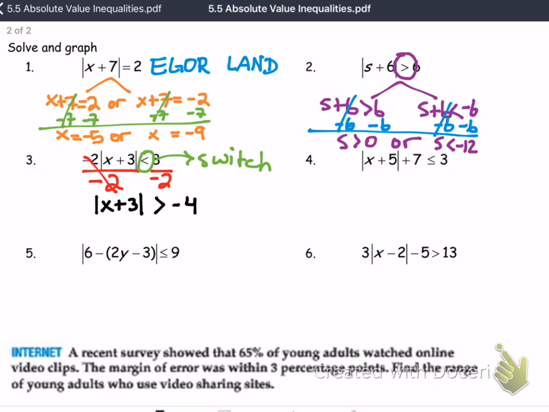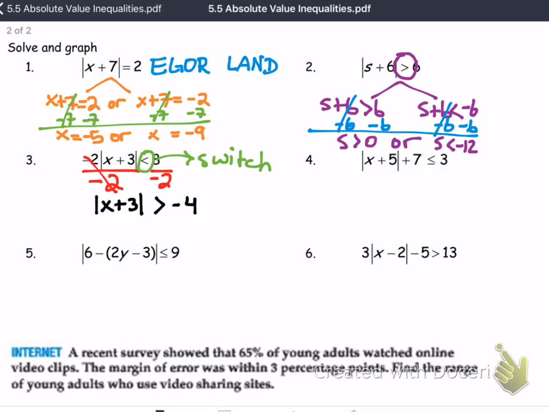And so you might be wondering, wait, I thought an absolute value could never be equal to a negative 4. You're right, it could never be equal to a negative 4, but it is greater than negative 4. So this is actually possible to continue to move on.